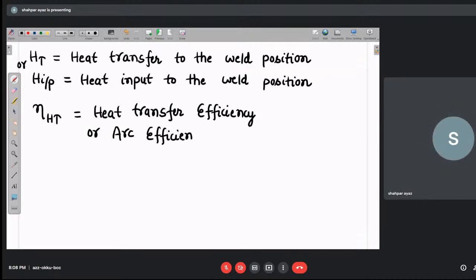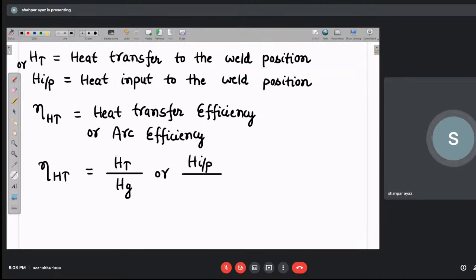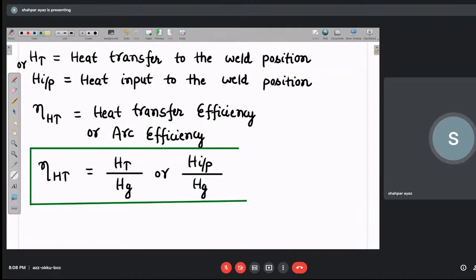It is actually the ratio of the amount of heat transferred upon total heat generated. Remember that. You can also call it heat input to the weld divided by heat generated. Right, this is the heat transfer efficiency.